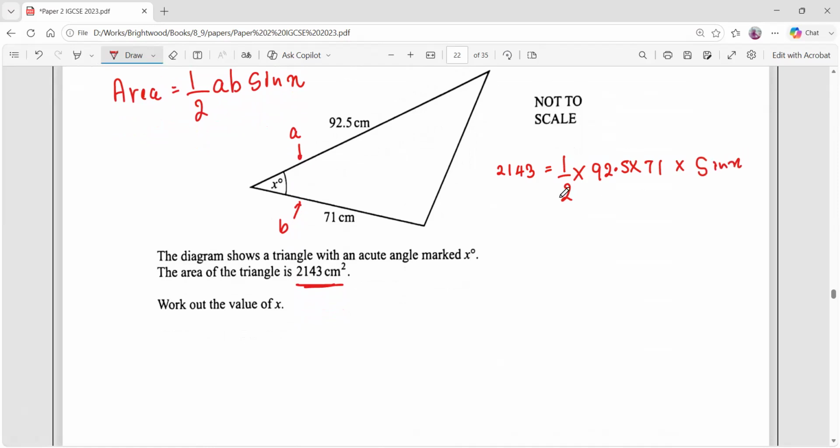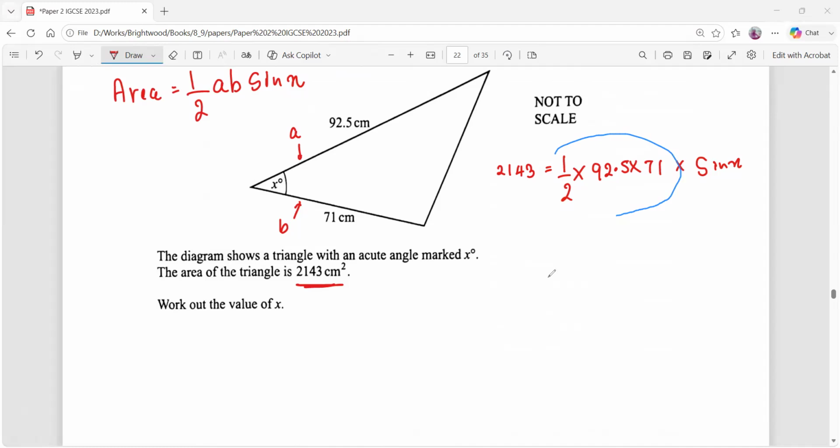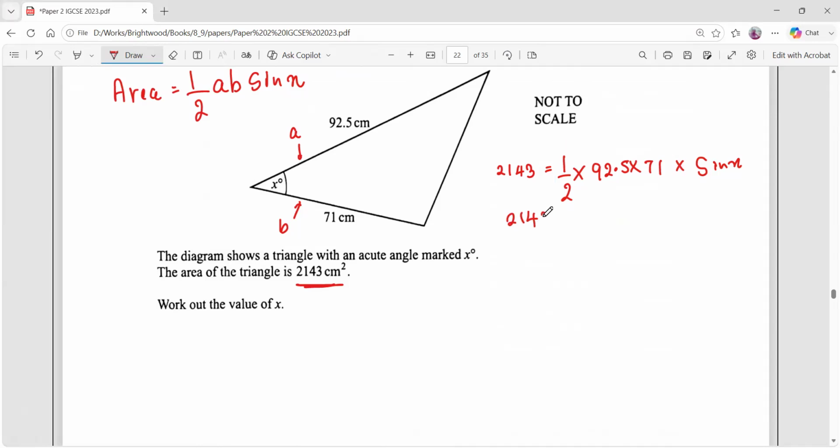Now substitute. First of all, solve this part using a calculator. When you solve it, it's 2143. This divide by 2 goes to the other side, it becomes multiplication by 2.